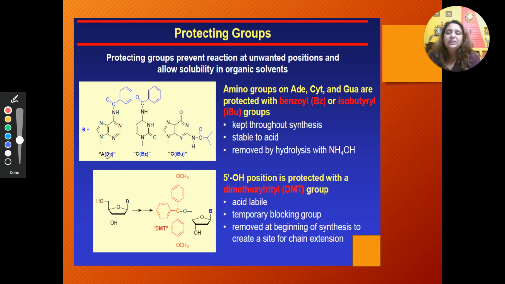Okay, so they are added to the different types of nucleosides. Why are they added? Because they make them stable and prevent unwanted reactions. However, these groups can be removed once the oligo is formed.